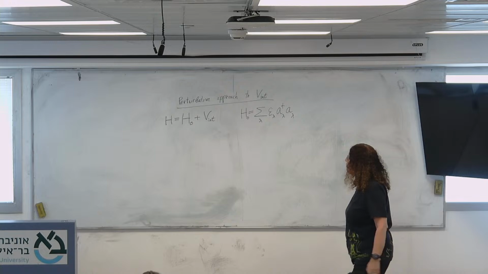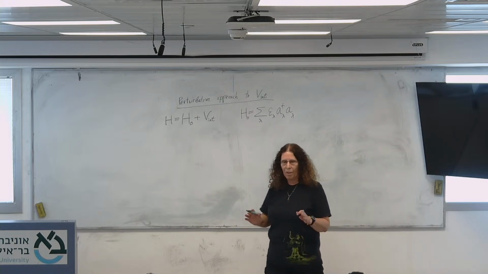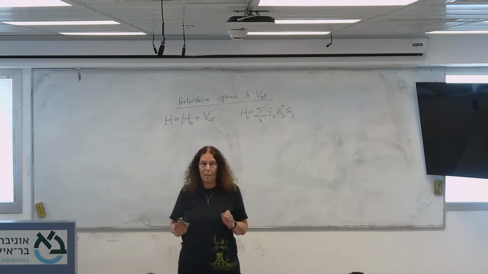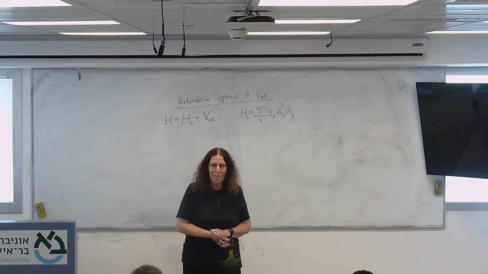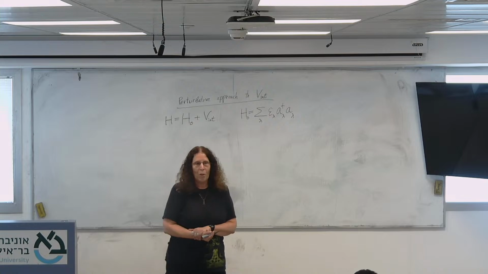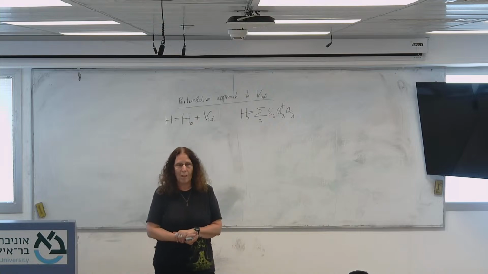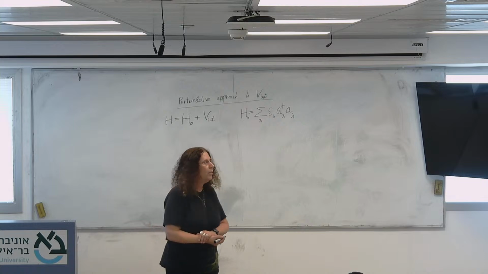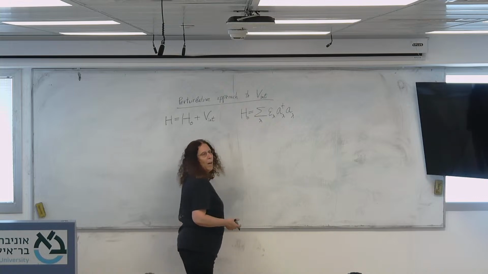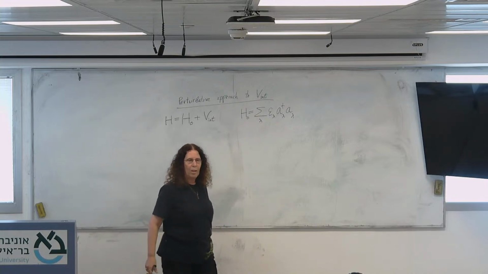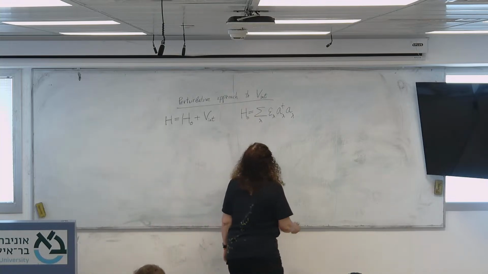Actually, for the case of bosons, it's not so trivial, but actually it is trivial. They all occupy the lowest energy state. For fermions, it's a Fermi sea, where all the states below the Fermi level are occupied. But generally, the ground state is some kind of a Fock state.